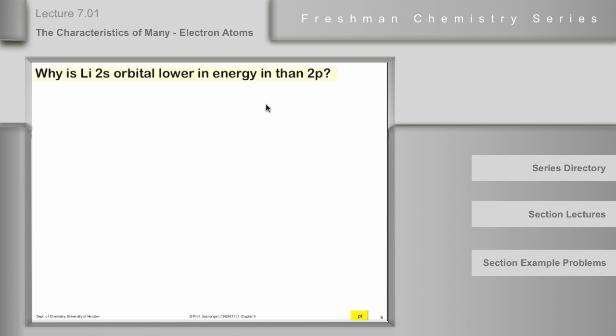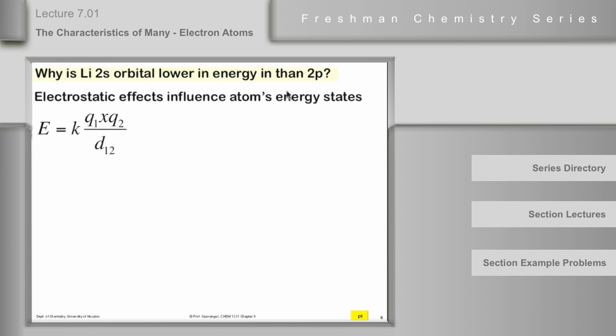And why is that? Well, one of the things we said about multi-electron configurations is that the subshell energies that were always the same in a given shell for hydrogen were different. What we have here is a result that the 2s is lower than the 2p, and the 3s is lower than the 3p, and the 4s is lower than the 4p, but why?